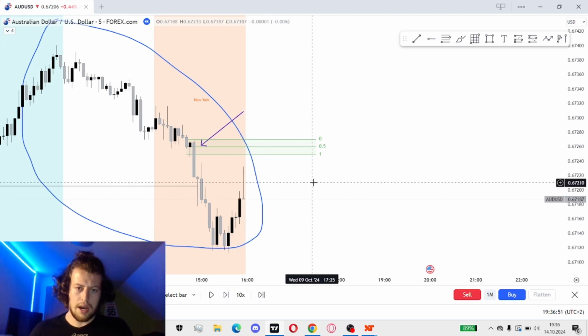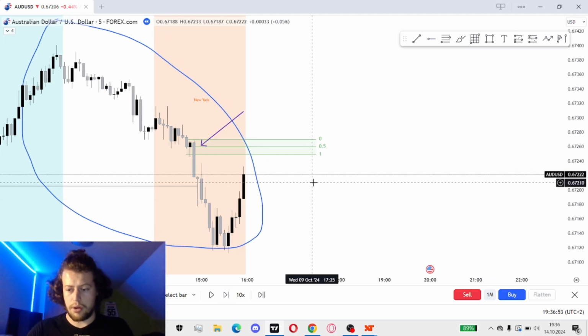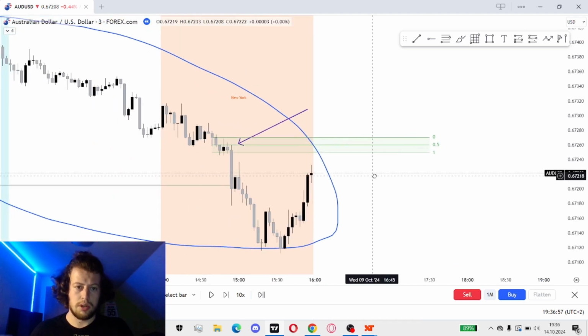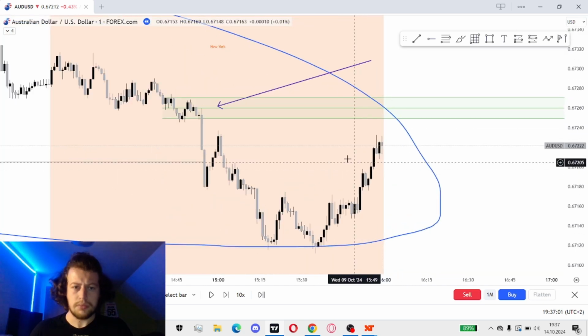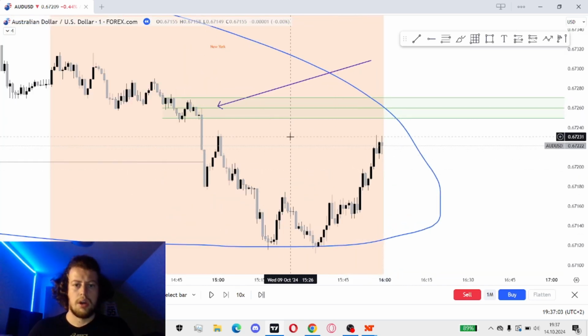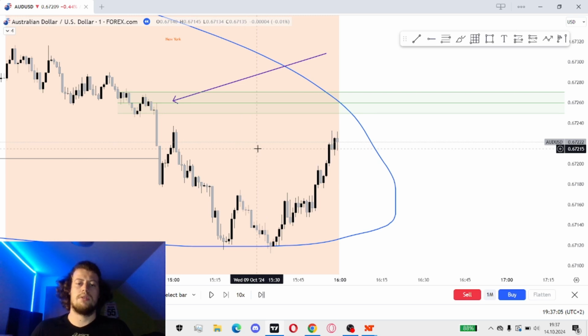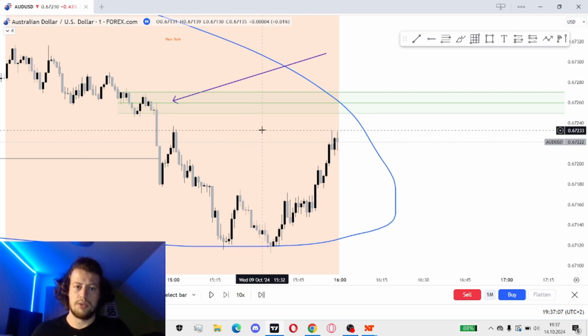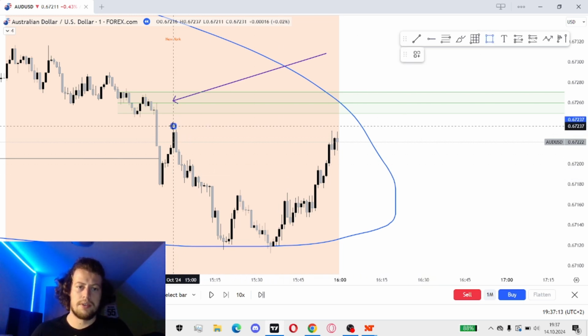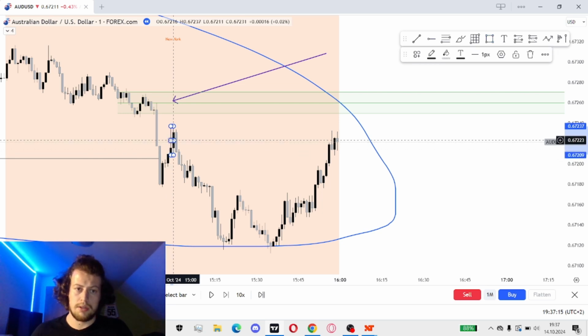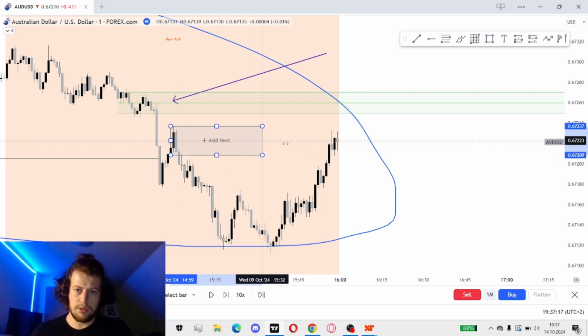Then I am looking for a trap. I go on the 3-minute or even the 1-minute, because you are looking for some inducement, some trap. Sometimes the first obvious supply or demand zone can be the inducement.